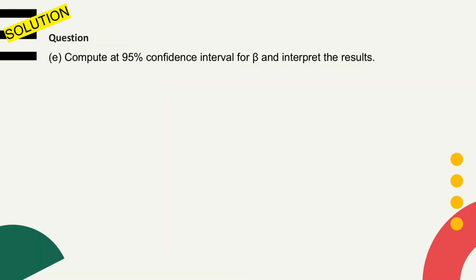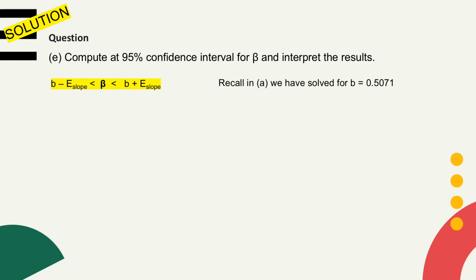In the fifth question, we have to compute the 95% confidence interval for beta. This is the general form of the confidence interval for beta, where we have to substitute the value of b and E slope. Recall in the first question, we solved the value of b, which is equal to 0.5071. E slope is given by this formula.